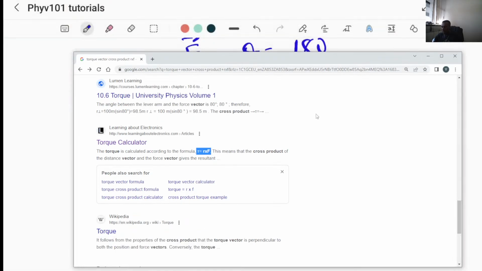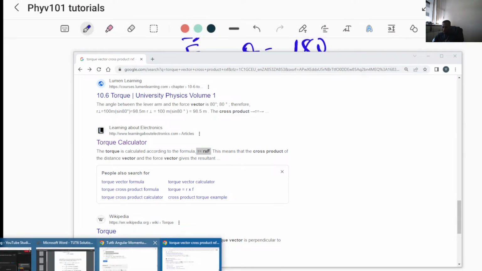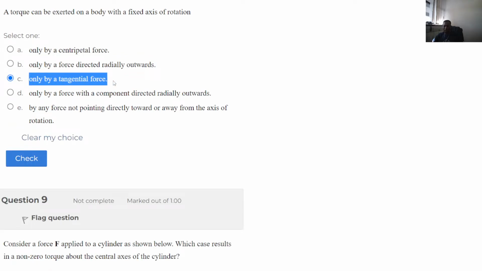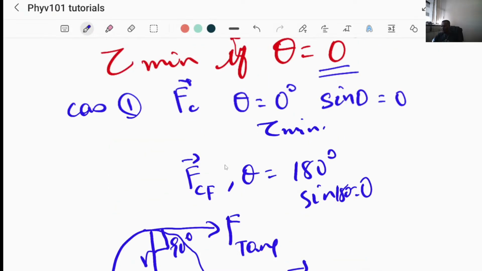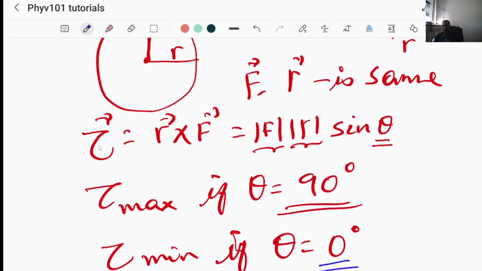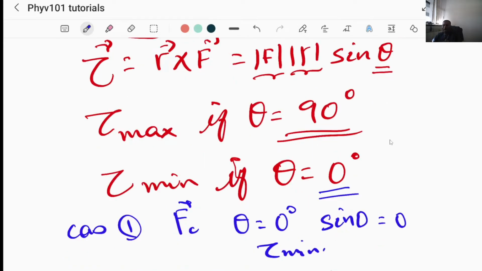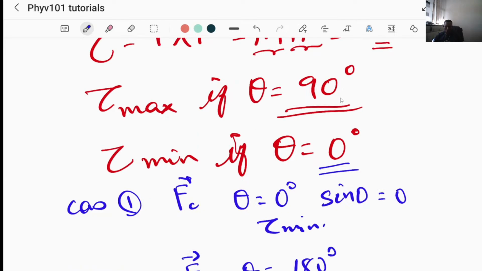However, why does it say only? It's not only tangential force that causes torque. This is true, but what makes it wrong is that it's not going to be only tangential force. Because the torque is given by the magnitude of the force, the magnitude of the distance, and sine theta, any angle between 0 and 90 degrees can do, or I could say any angle except 0 and 180 degrees.